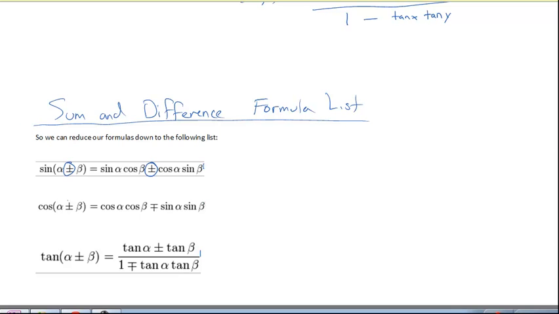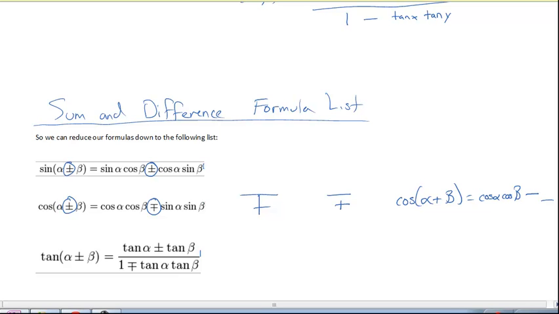But when we go down one equation, the plus or minus on the left-hand side is opposite the plus or minus on the right-hand side. Well, if you've never seen the minus with the plus underneath it, that's just simply saying minus then plus. Meaning that if I have cosine of alpha plus beta, the right-hand side is going to be cosine alpha, cosine beta, minus, etc., what comes after. It's just telling us which one corresponds to the sign on the left, so they should be opposite.